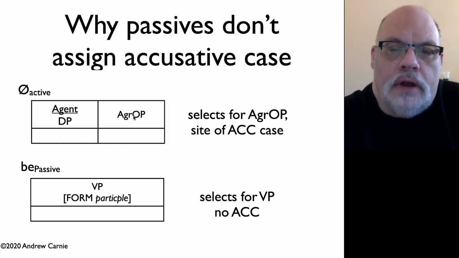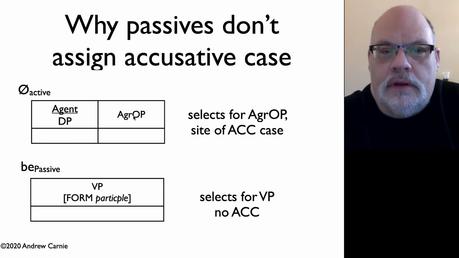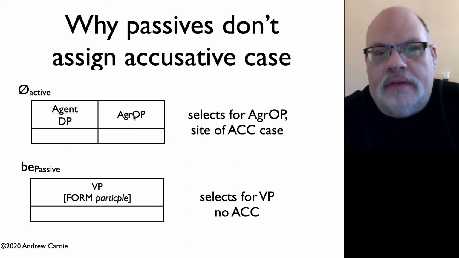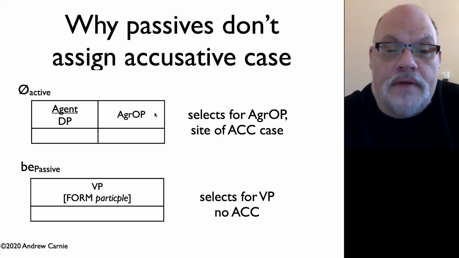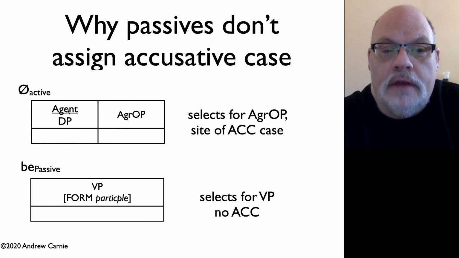In the literature on linguistics, it's called Burzio's generalization. And Burzio's generalization says things that have agents are allowed to assign accusative case. So verbs that have agents can assign accusative case. And that's specified right here in this theta grid. So this is Burzio's generalization that these things go together.